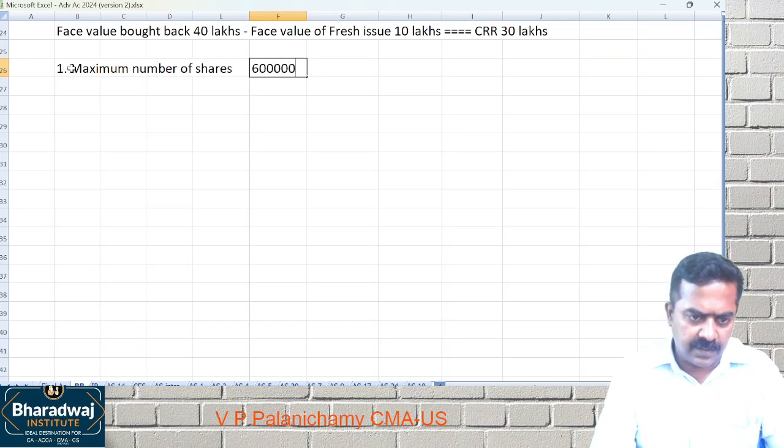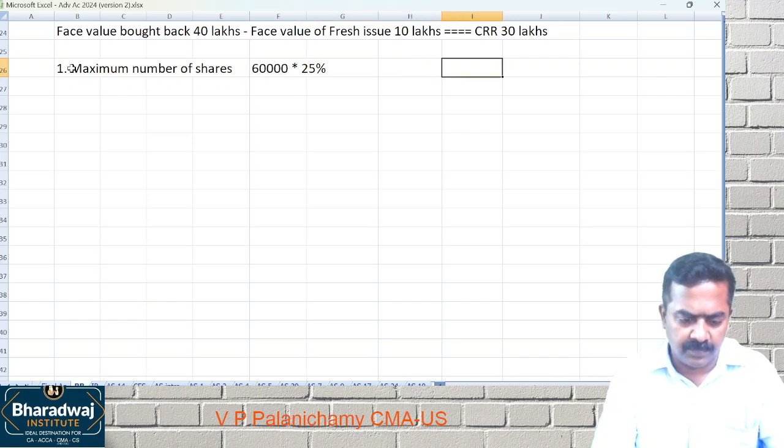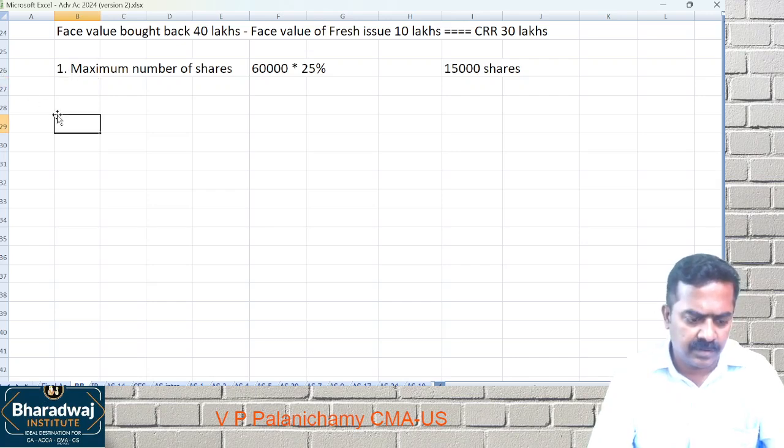60,000 shares into 25%, how much can you purchase? You can purchase 15,000 shares. Second, paid up capital plus free reserves into what percentage?